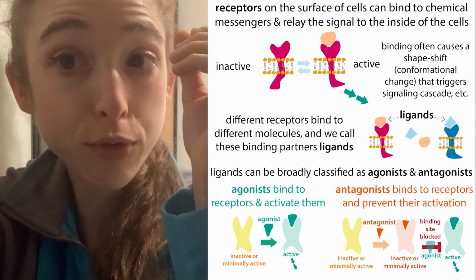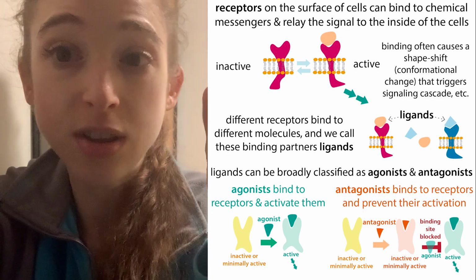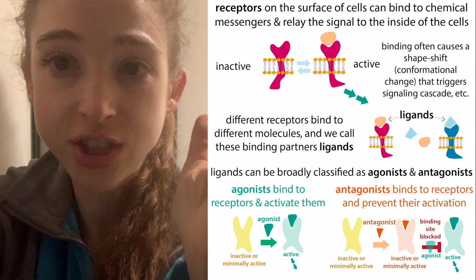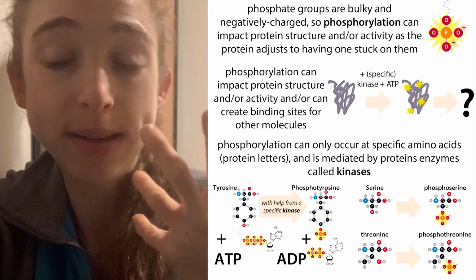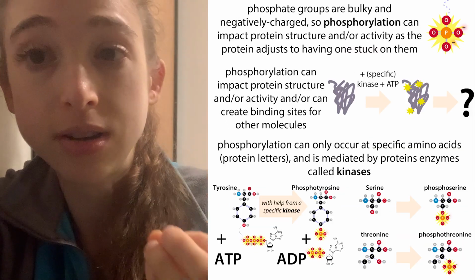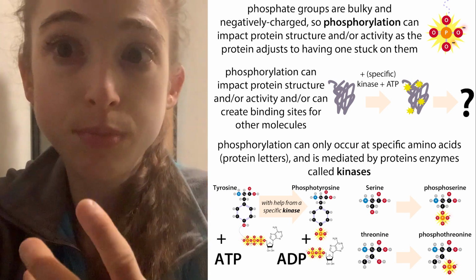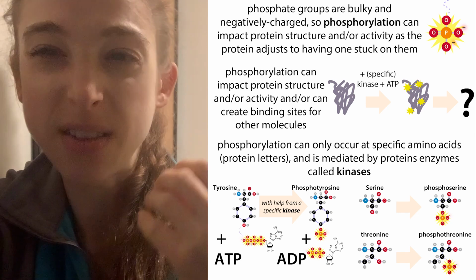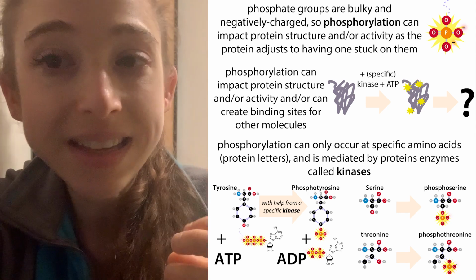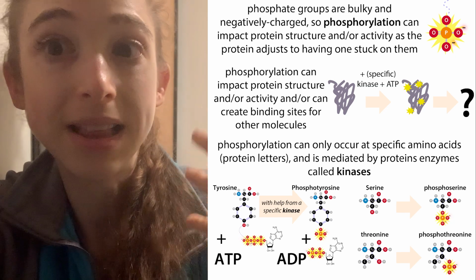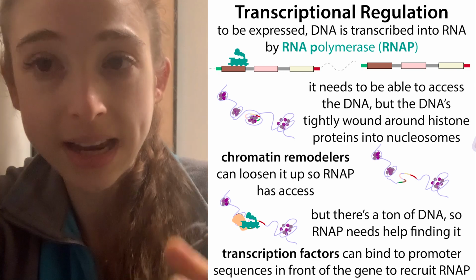So the receptor is going through the membrane, and on the inside of the cell, it changes shape, and this can activate a kinase, which is basically a protein that adds a modification called a phosphate group onto other proteins. And this can cause those proteins to then get activated. And so you can set off these signaling cascades inside the cell that lead to the transcription factors being made or being recruited to the various sites.